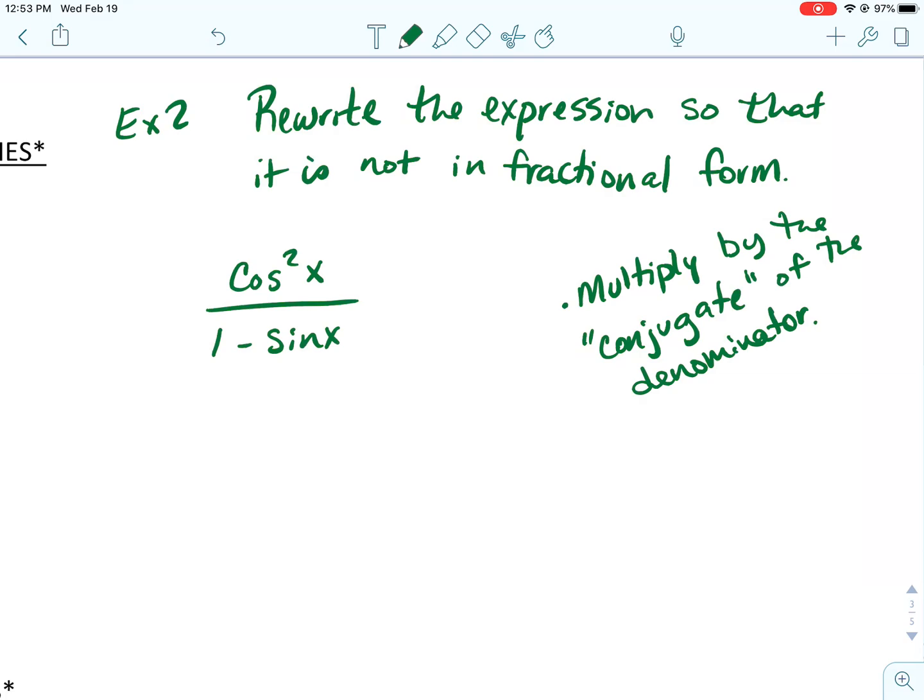Back in, I don't know, it's been a while. We were talking about complex numbers. Let's say you had the number 2 minus 3i. What would its conjugate be? Anybody remember? It used those same numbers. 2 plus 3i. All right, so that's what we're going to be doing with these trig problems. They're not technically conjugates, but it's the same idea.